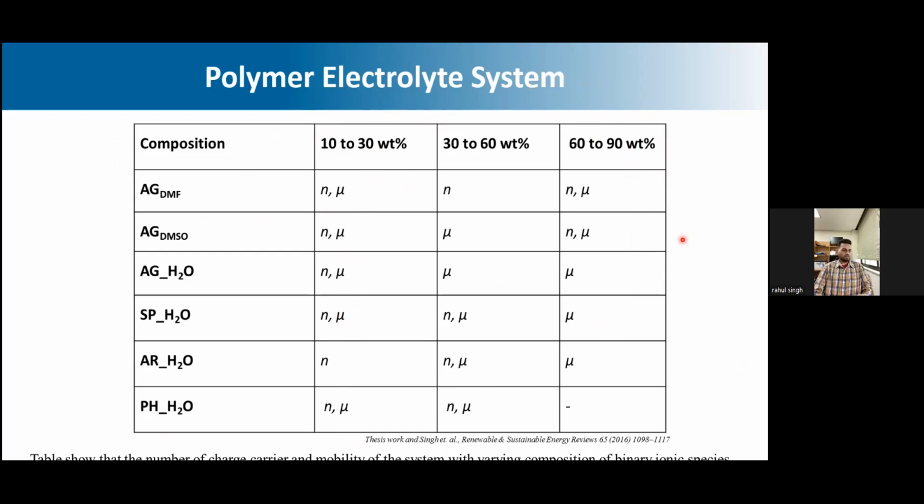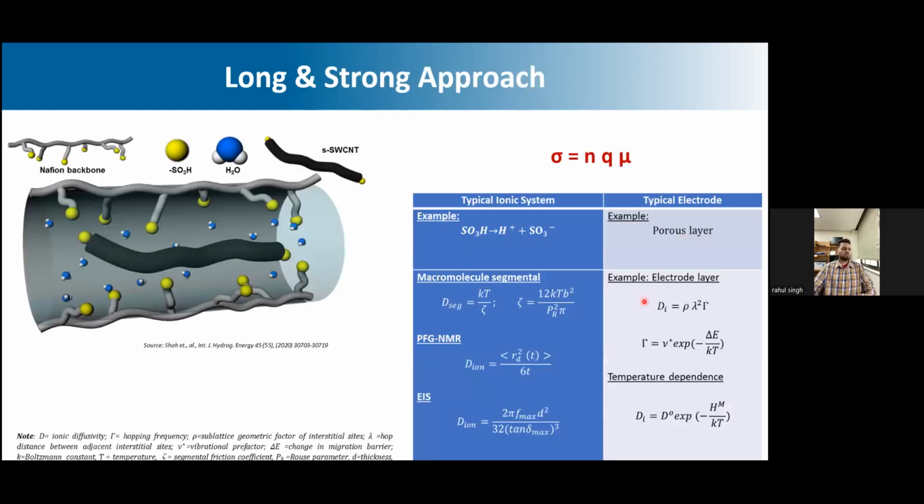So this gives a clear picture of what is happening behind these membrane or polymer electrolyte systems, and we can study the physics behind all these ions and the polymer structure through the equations mentioned here.